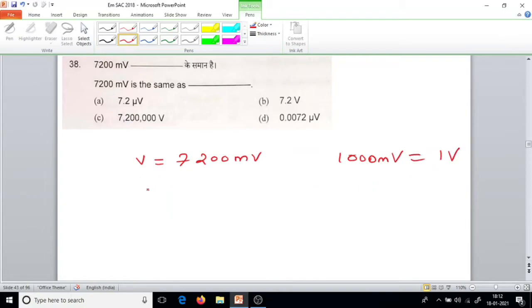Similarly, if I divide 7,200 by 1000, then I'll get 7.2 volt. This answer is option D, 7.2 volt.